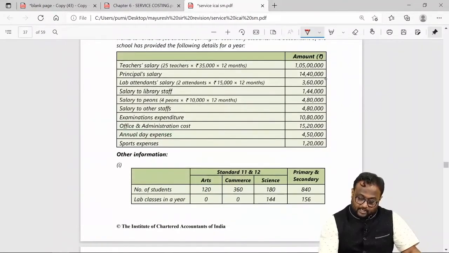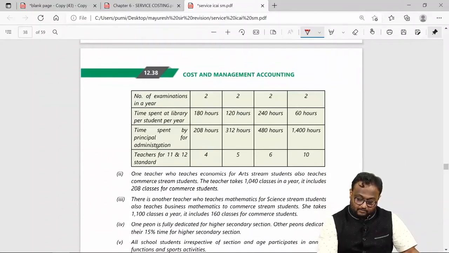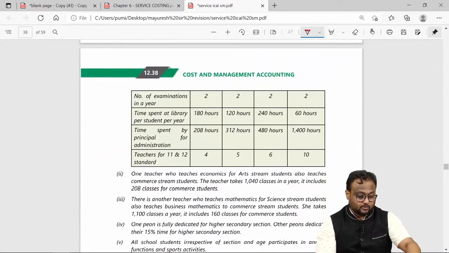So your principal salary is 14,40,000. Time spent by the principal for admin is 208 hours, 312 hours, 480 hours and 1400 hours. So 14,40,000 is getting paid to this fellow for 2,400 hours. 600 is the hourly charge.